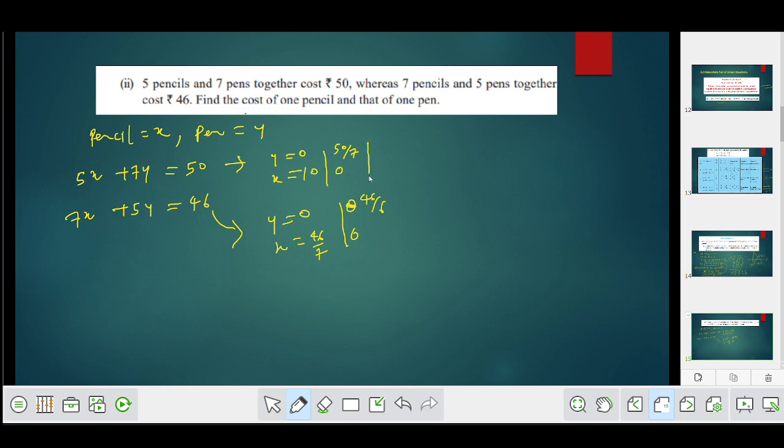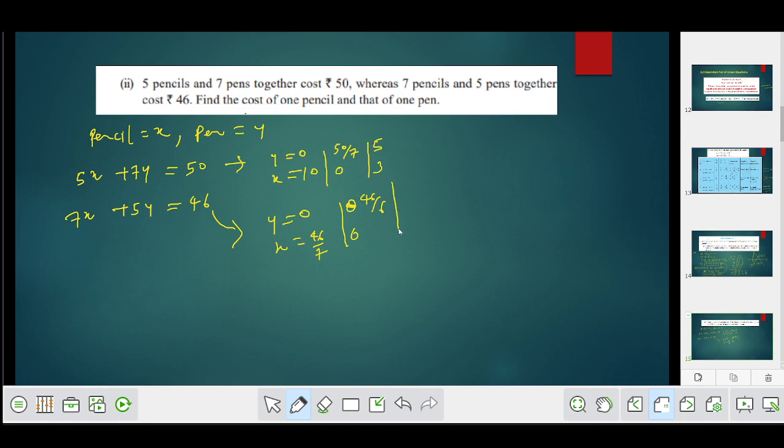If we take x equal to 3, 5 times 3 is 15, 50 minus 15 is 35, and we get 35 by 7, which is 5.